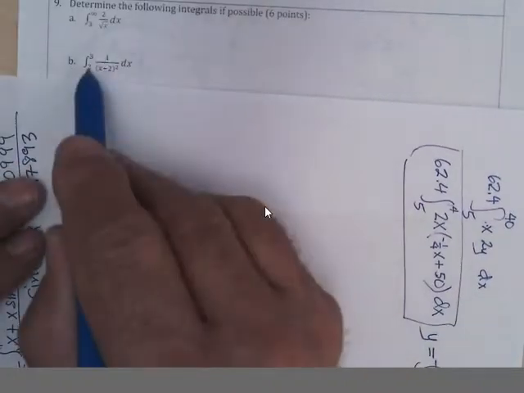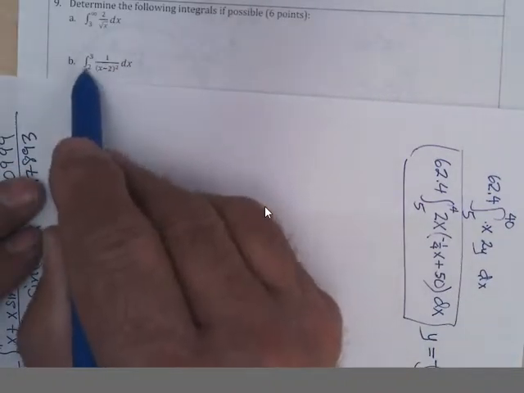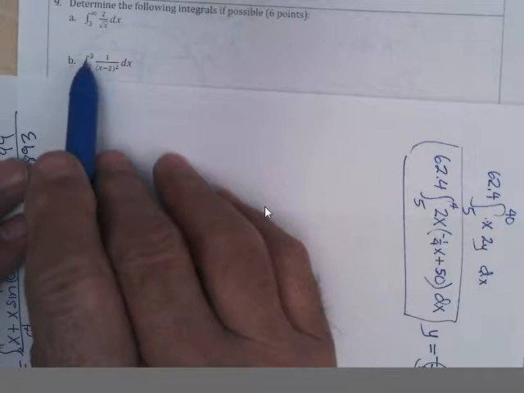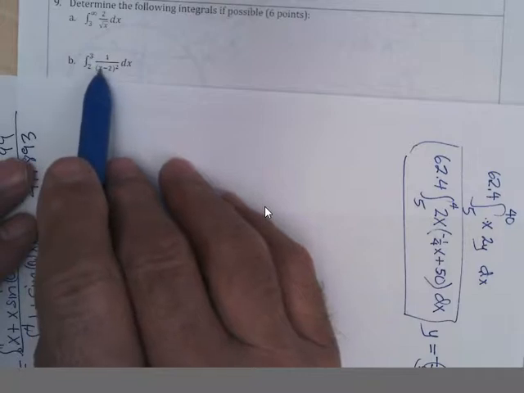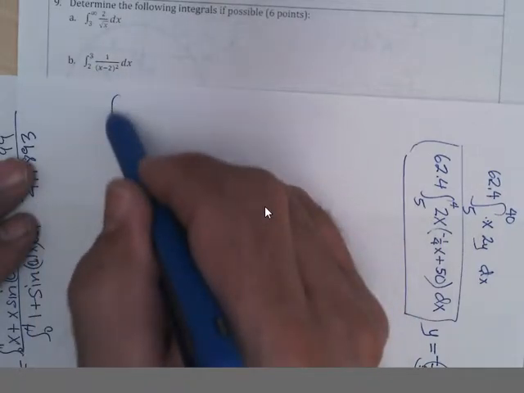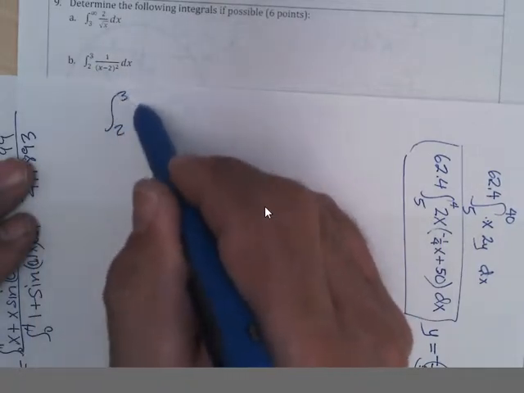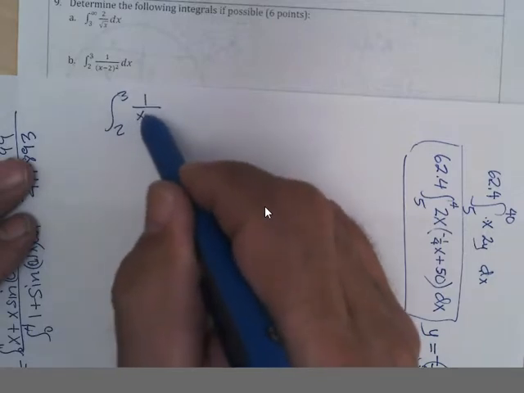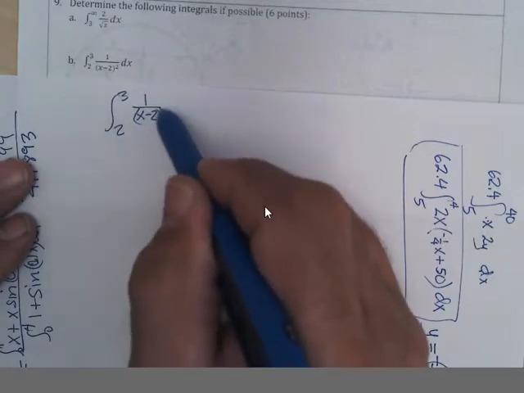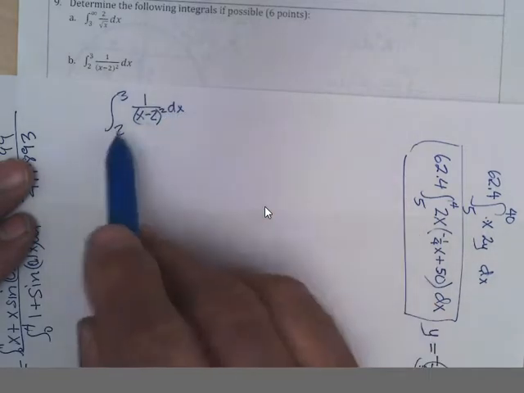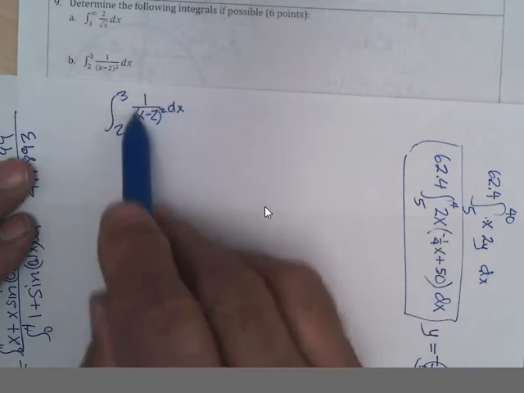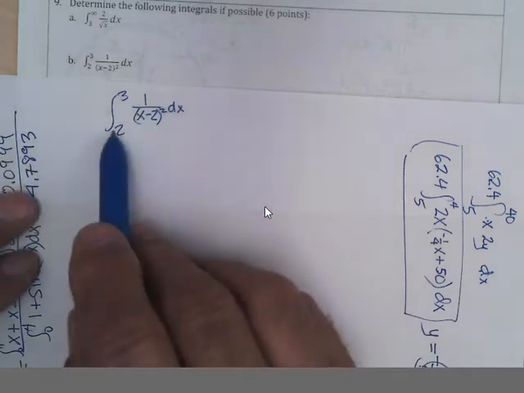So it doesn't look like there's a problem here. There's no zeros that cause trouble. Oh, wait a minute. 2. So the integral from 2 to 3 of 1 over x minus 2 squared dx, if I put 2 in there, I get division by 0. So 2 is the problem.